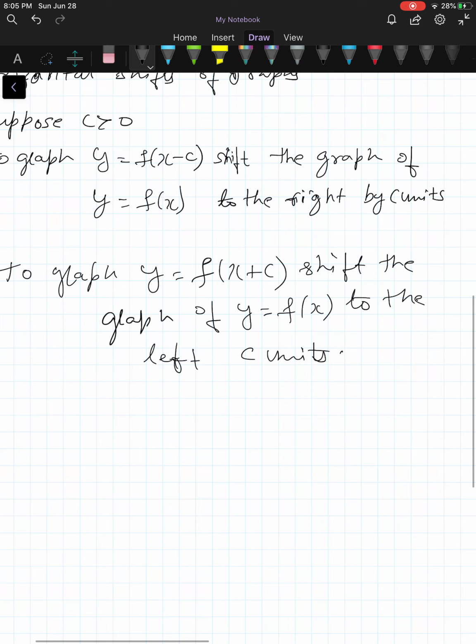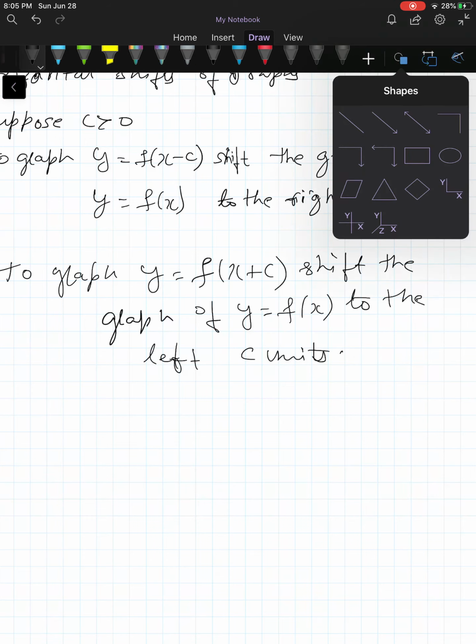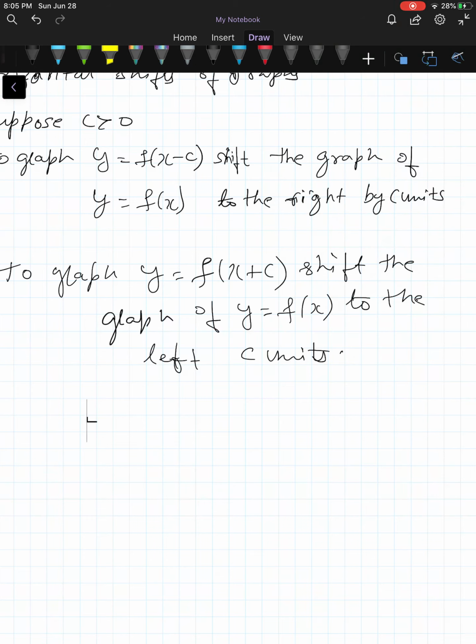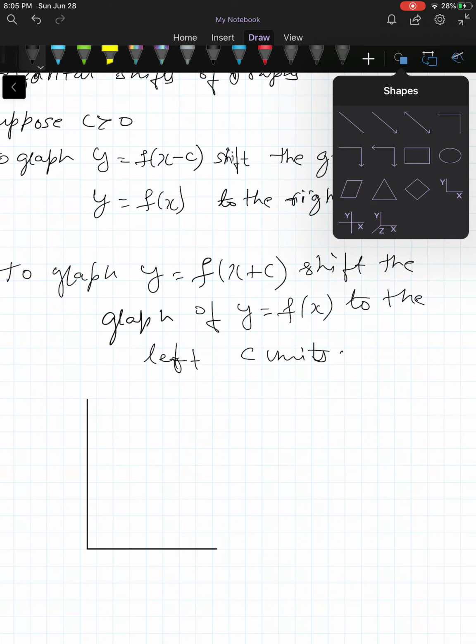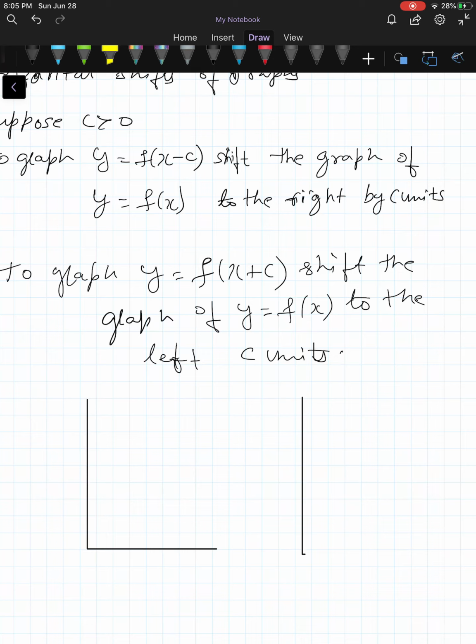Okay, let us see what is happening here. So I will take two graphs. I will be needing two coordinate planes. Okay, this is the y-axis, x-axis, 0, x-axis, y-axis and 0. So suppose I have an original graph that looks like this.